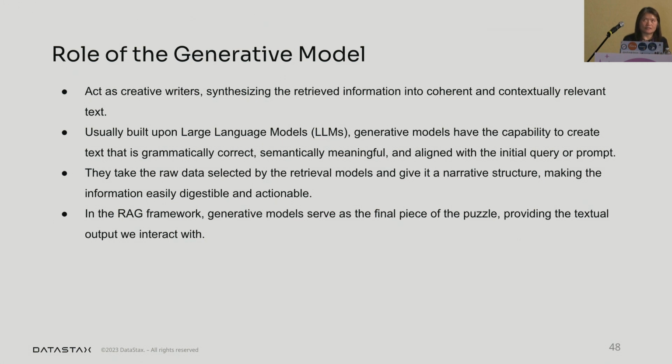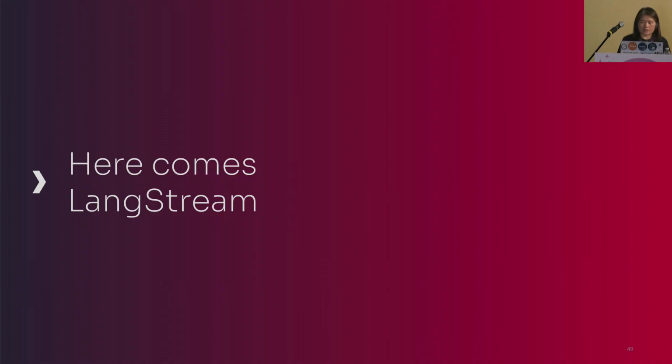In other words, you separate concerns. You're dealing with the generative side, which takes the raw data from the retrieval model and gives it more of a narrative structure, so the content is more digestible. Essentially, in the RAG framework, the generative model is the final piece of the puzzle and gives you the textual output that you can interact with.